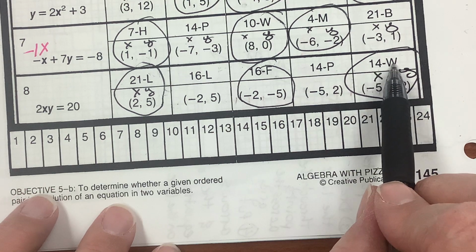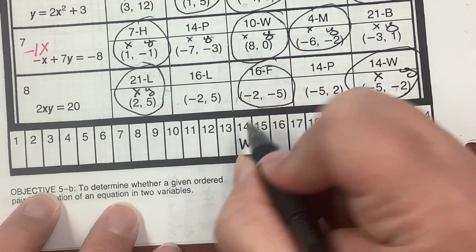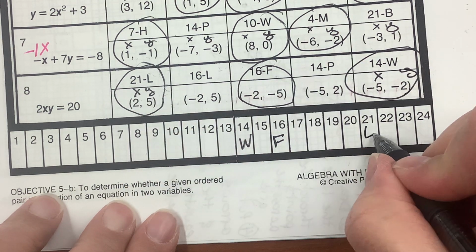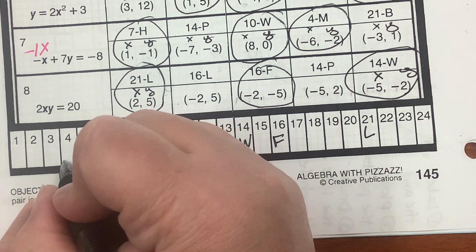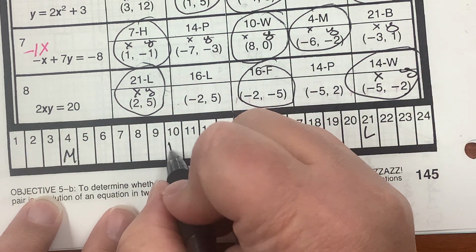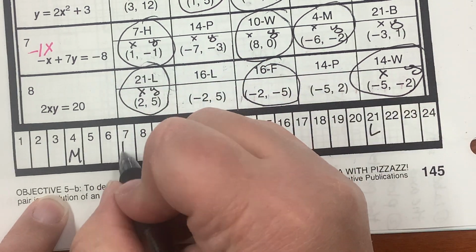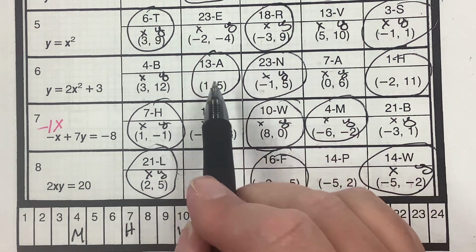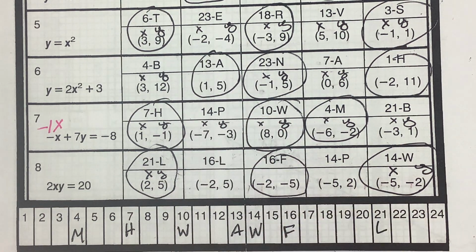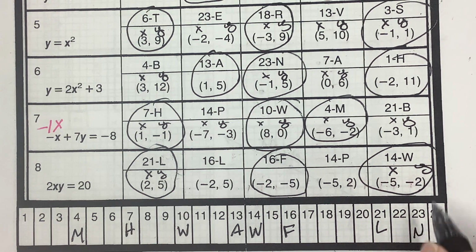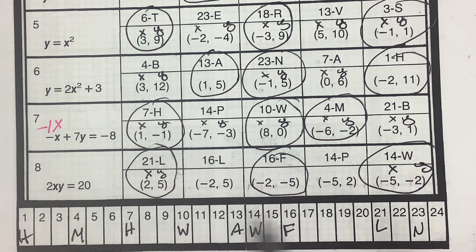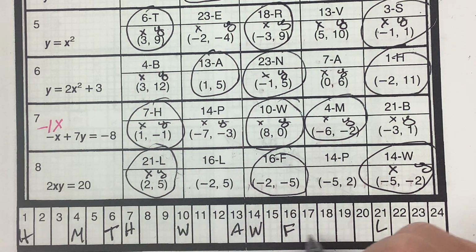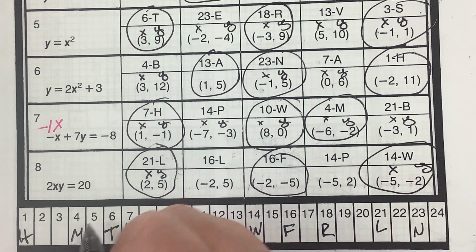So here, 14 is W. 16 is F. 21 is L. 4 is M. 10 is W. Lots of W's. 7 is H. 13 is A. 23 is N. 1 is H. 6 is T. 18 is R. 3 is S.